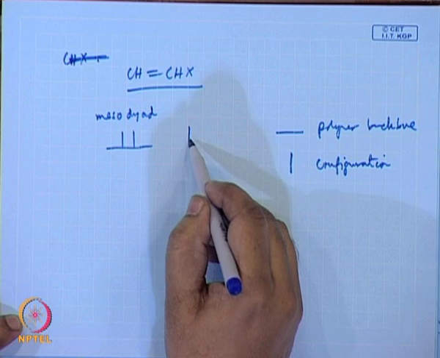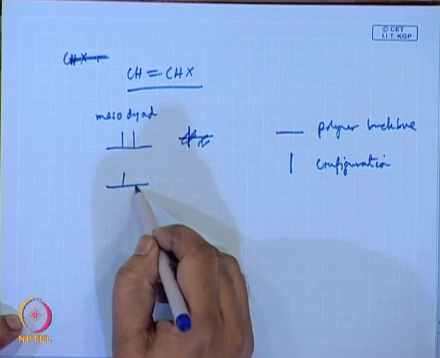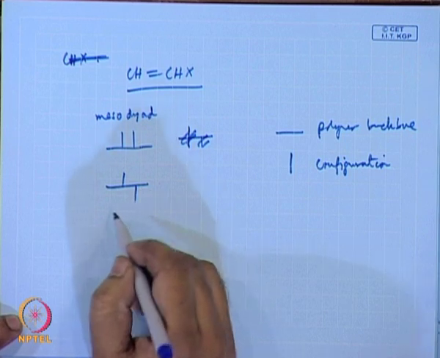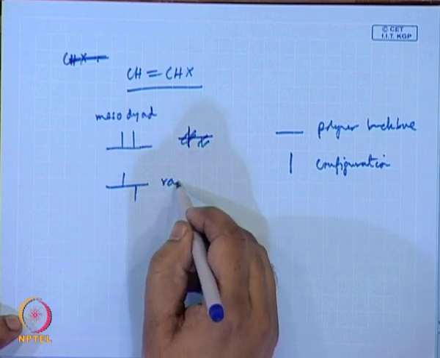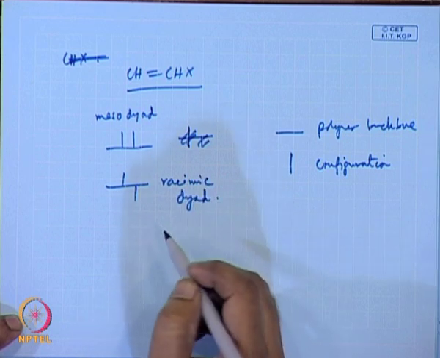And if they are in opposite directions, then we call this a racemic dyad.